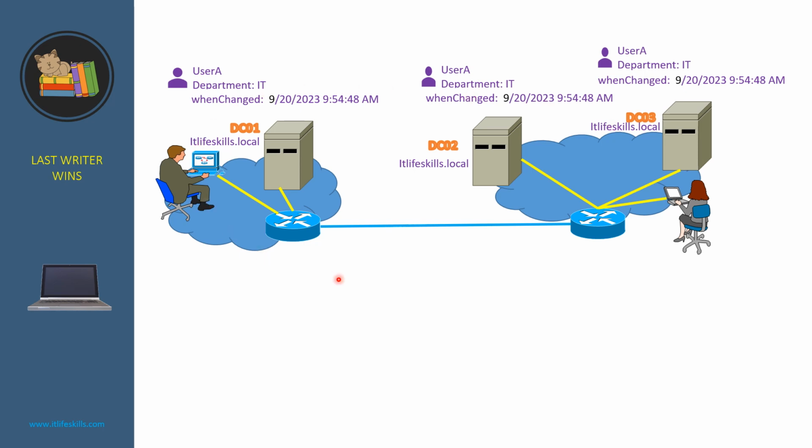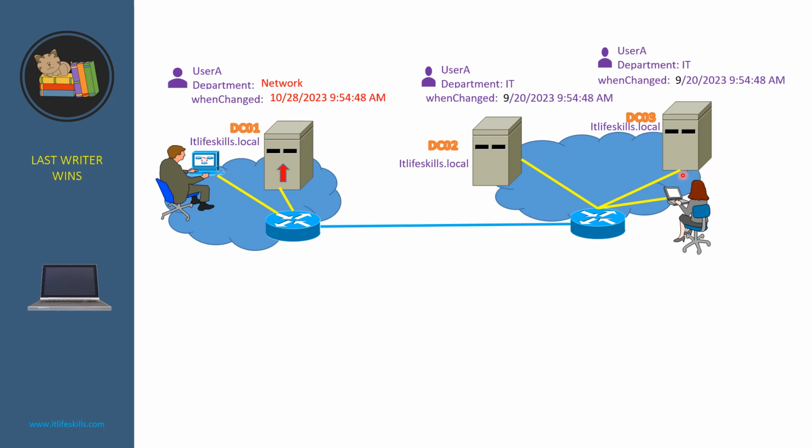In this Active Directory domain it-skills.local, let's assume this system administrator logged into DC1 and updates the department of user A to network, and it also updates the timestamp of the change on the user A object on DC1.